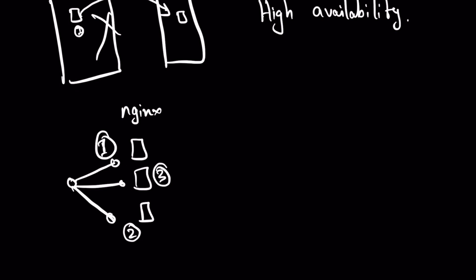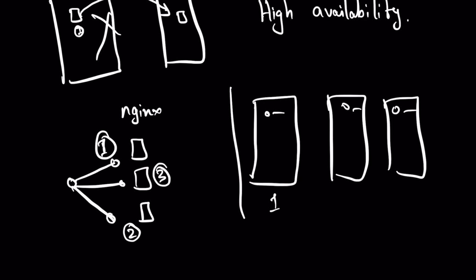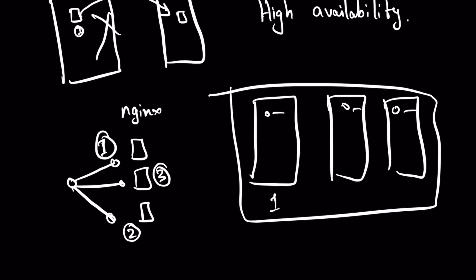And for example, let's say that we are having node 1, node 2 and node 3. This is one single cluster. So what happens if there is a need to scale up our application more than the hardware limit?